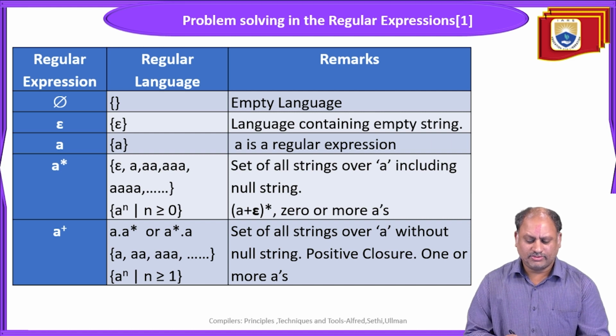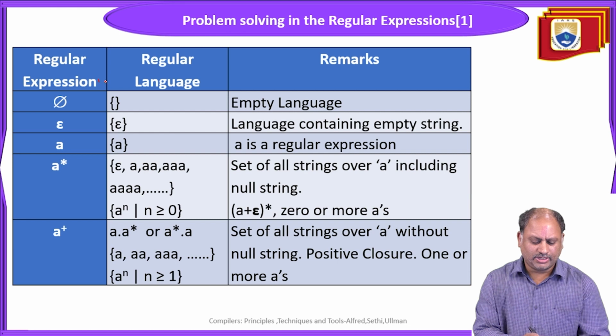Now, in case of regular expressions, the expressions may contain different symbols, each having a separate notation. That notation is used to represent a language, which is called a regular language.